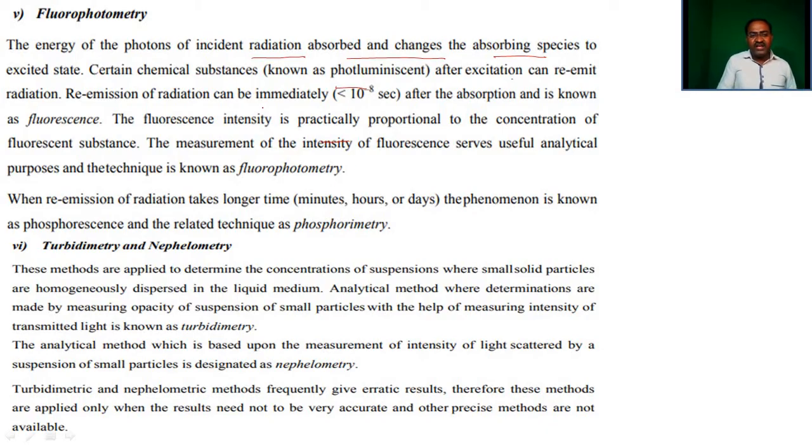Re-emission of radiation immediately after the absorption is known as fluorescence. The fluorescence intensity is practically proportional to the concentration of the fluorescent substance. The measurement of the intensity of fluorescence serves useful analytical purposes and the technique is known as fluorophotometry.